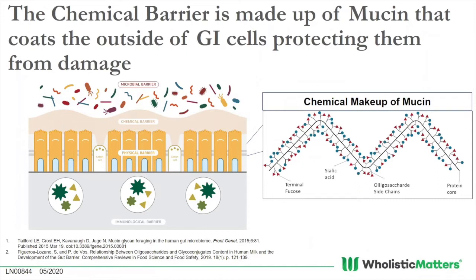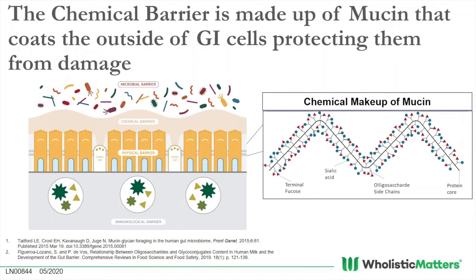Looking back at the different layers of barrier in the GI, one of the ones to remember is that mucosal, that mucus barrier that lines the intestines and lines the enterocytes.